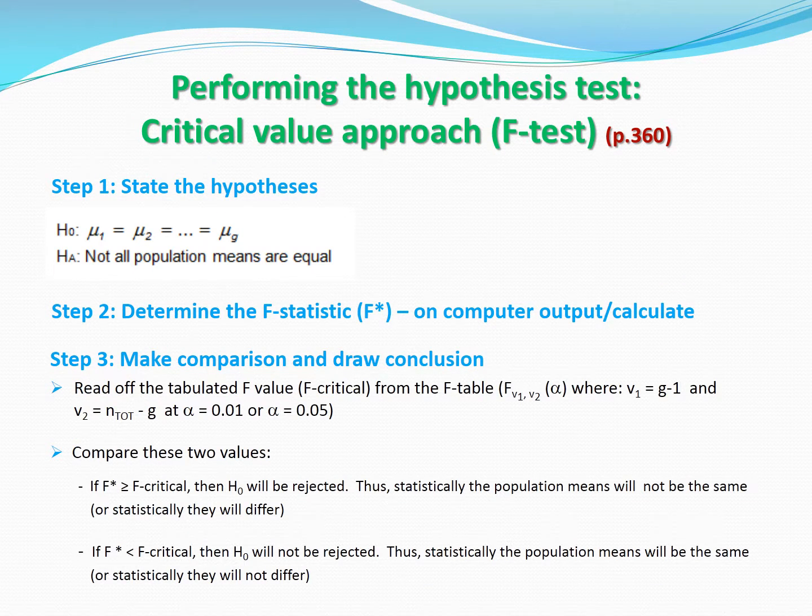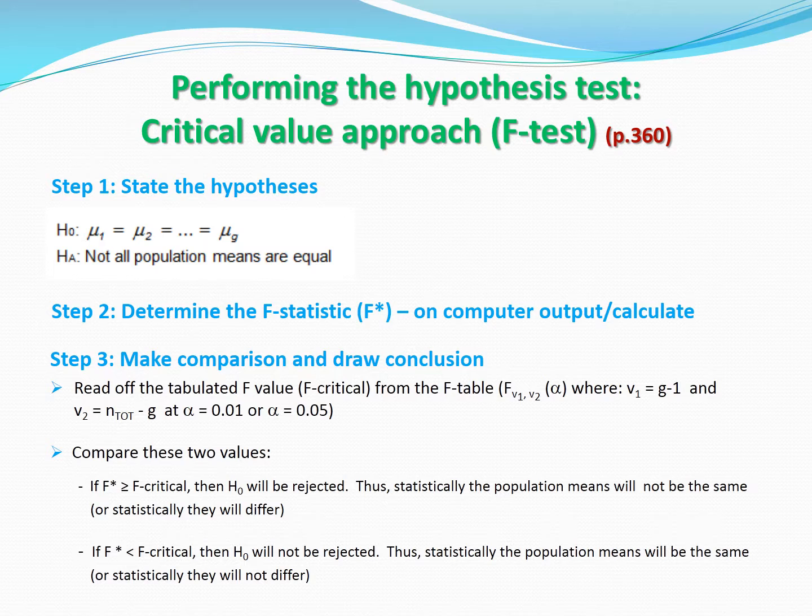Like I mentioned in the outcomes, there are 2 ways of performing the hypothesis test. You can either do the F-test or the p-value approach. The F-test is also known as the critical value approach. So in step 1 of the F-test, we state the hypotheses like I showed you in part 1.